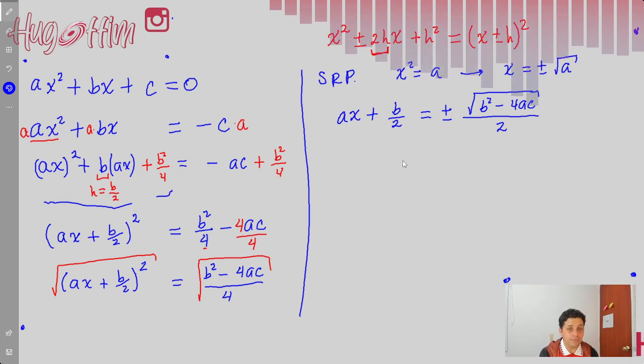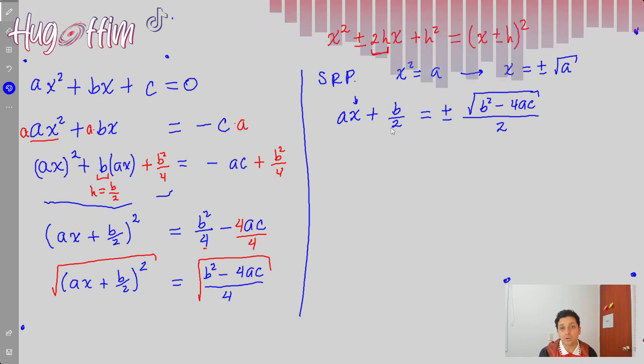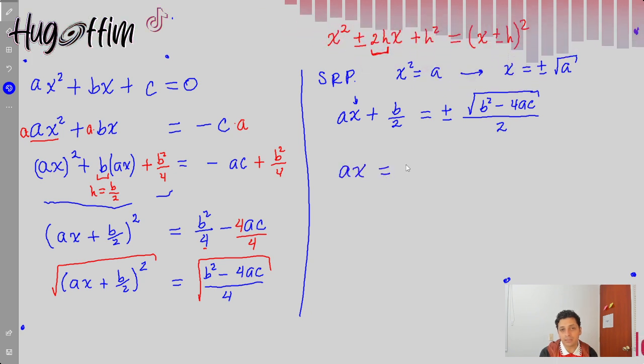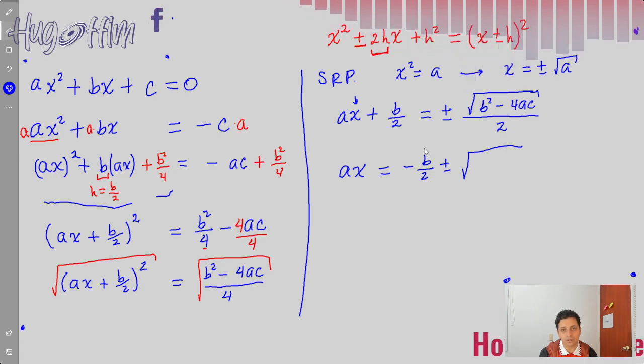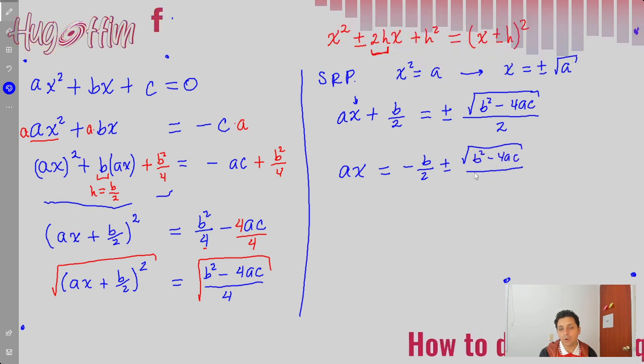And to solve for x, I need to subtract both sides by b halves. So I'm going to subtract both sides by b halves. So ax equals minus b halves plus or negative the square root of b squared minus 4ac over 2.